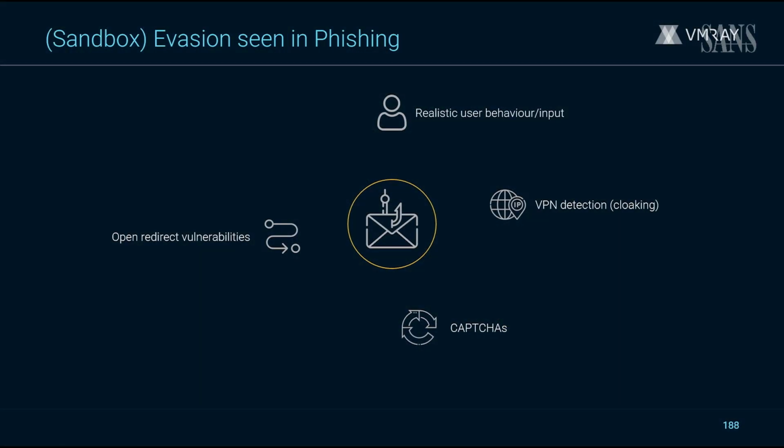Here are some simple examples of what we have seen so far. There is the check for realistic behavior caused by, for example, a human, or maybe some input is needed for a certain web page. Then there is the detection of VPNs. In most cases, whoever is providing security products that analyze things dynamically does not want to reveal their own IPs from a company's network, so instead you might use a VPN.